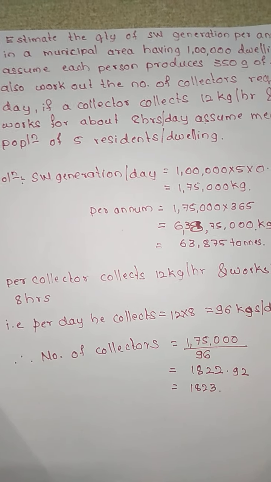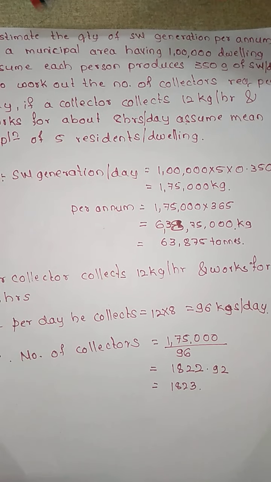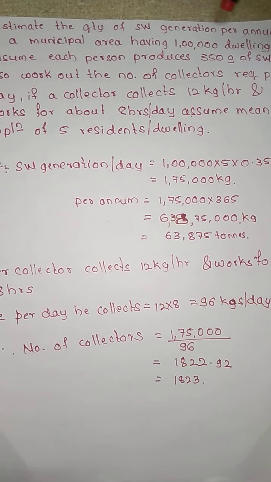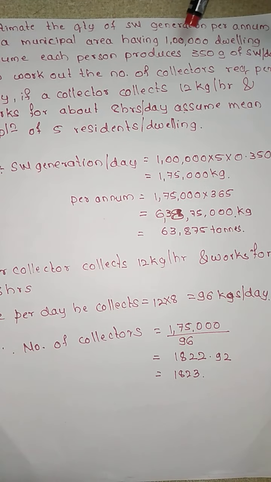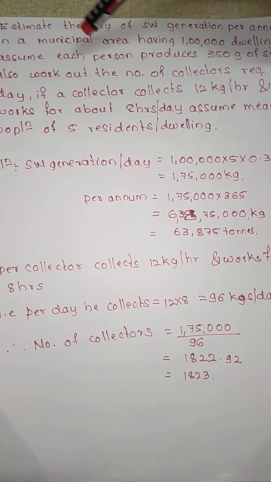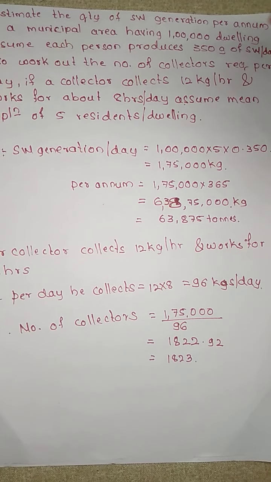Now we want to see another type of problem: estimate the quantity of solid waste generation per annum in a municipal area having 1 lakh dwellings. Assume each person produces 350 grams of solid waste per day.